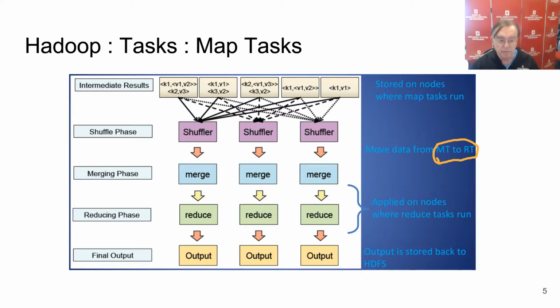This goes to a shuffler and a merge, which are basically preparing the data, these key value pairs, in ordered fashion so that they can be efficiently reduced by the reduce tasks. And then those reduce tasks store everything on HDFS. These things up here are also stored on HDFS. They're the results of the map tasks.